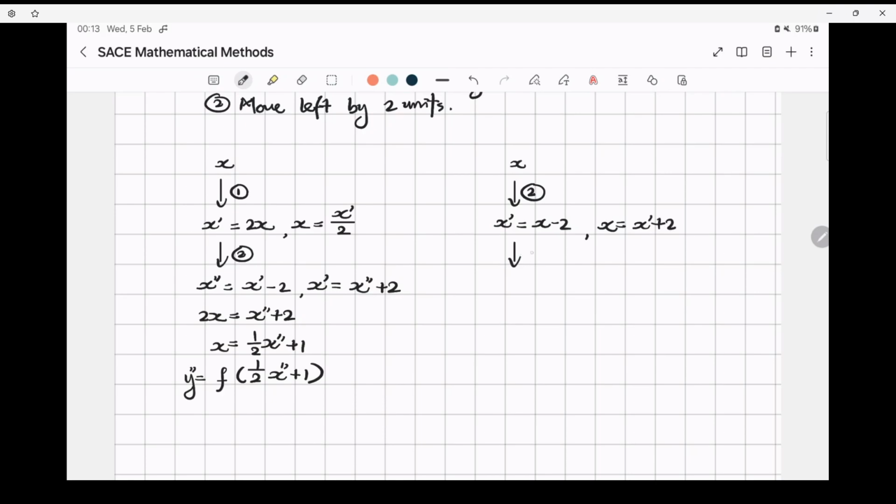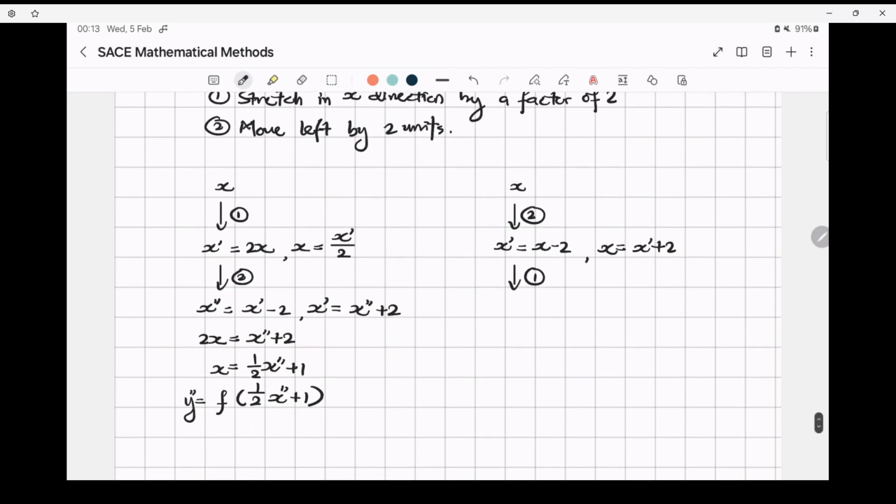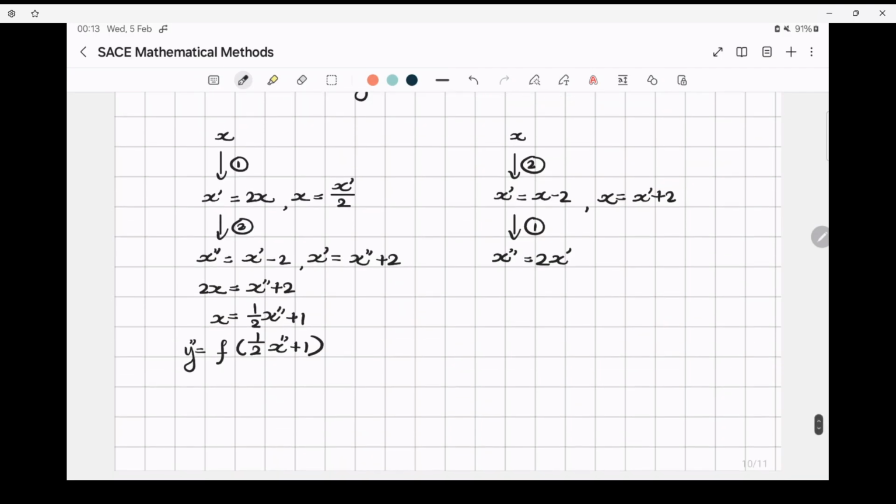Then you do the first action, which is stretch by a factor of 2. So x double prime will be 2x prime. So now it's a matter of converting back to x. So x double prime will be equal to 2 times x minus 2.